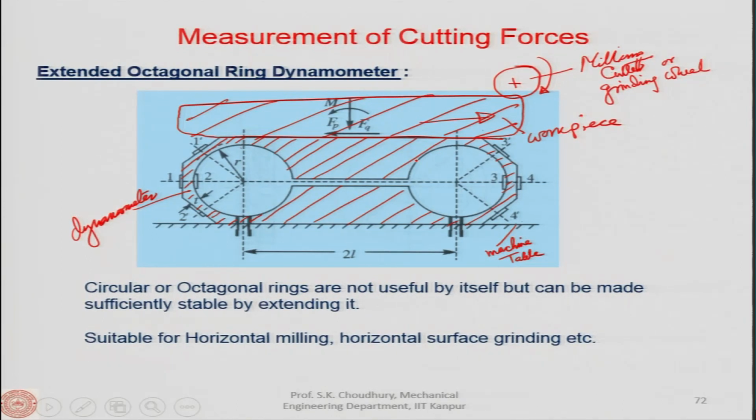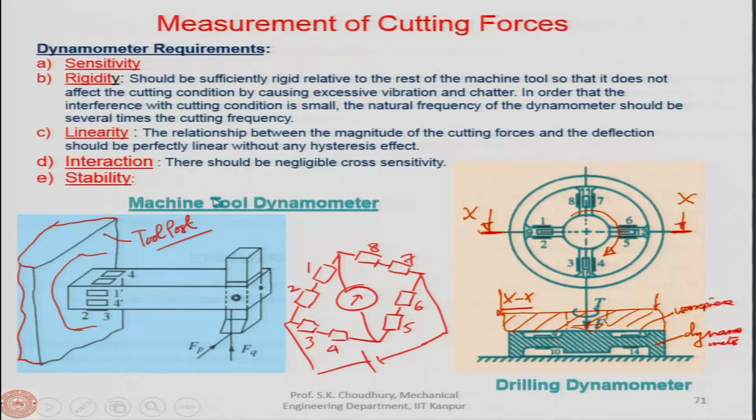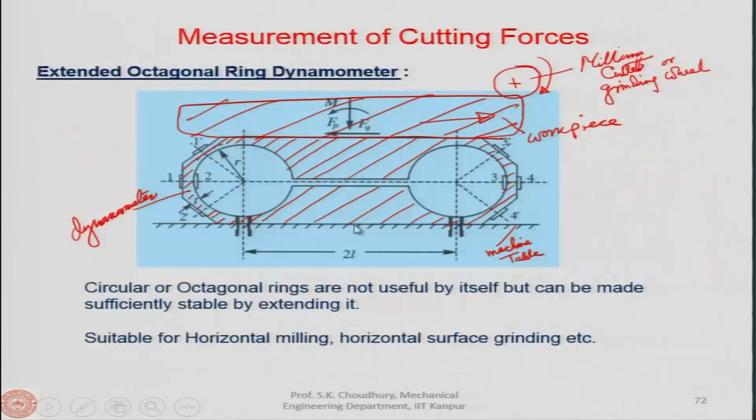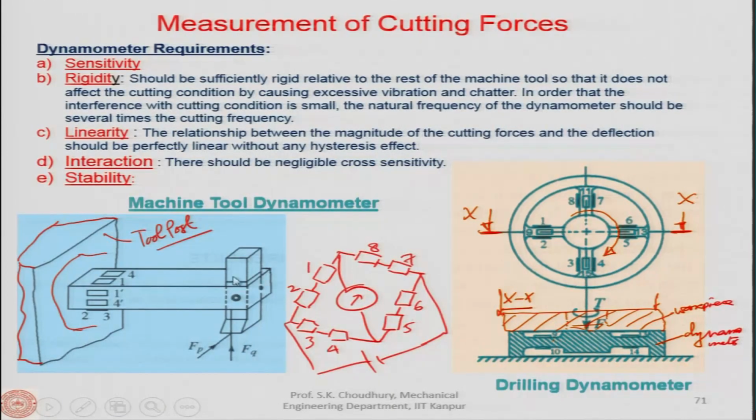Now, out of all this, as I said, this is suitable for horizontal milling, horizontal surface grinding, etc. One thing I already mentioned earlier is that these dynamometers, for drilling, turning and then milling or grinding, are made only for these purposes.